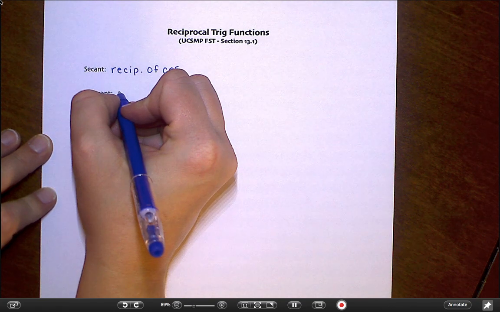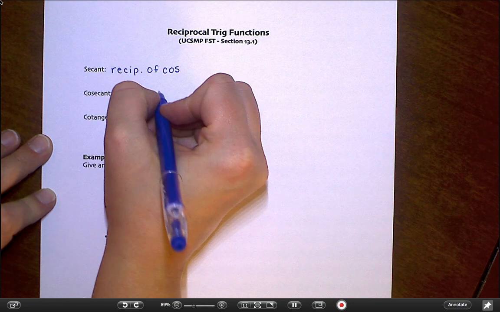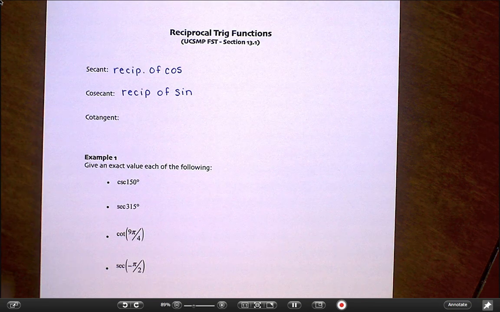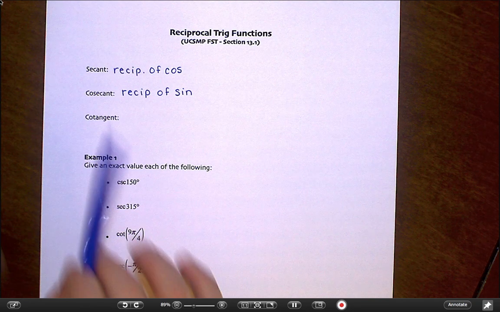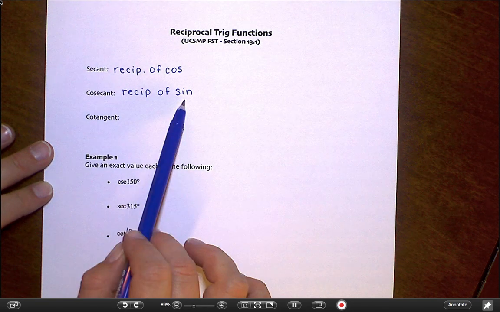The cosecant is the reciprocal of the sine function. So that's sometimes a little bit hard to keep straight. I sometimes find myself even mixing that up a little bit. But so secant is the reciprocal of cosine. Cosecant is the reciprocal of sine.